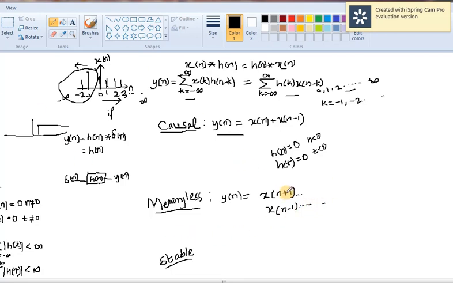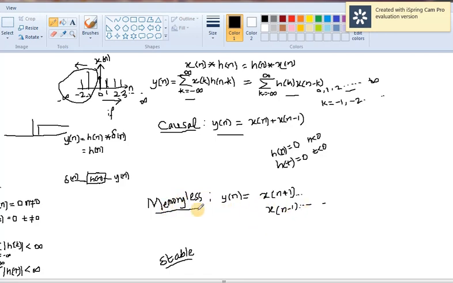So the system is said to be with memory if the output depends on the future or past values of the input. If it is just depending on the present value of the input, then it is said to be memoryless.